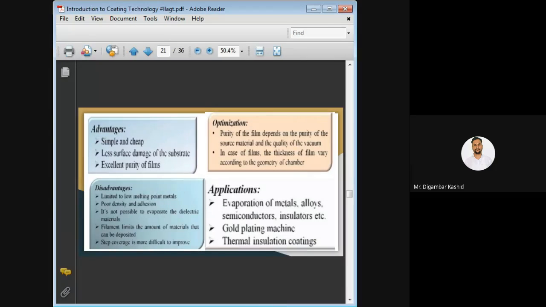If that metal itself is impure, then with that metal some impurity will also come into the vapor form and deposit on the substrate, so we will not get the exact property we want on our substrate surface.